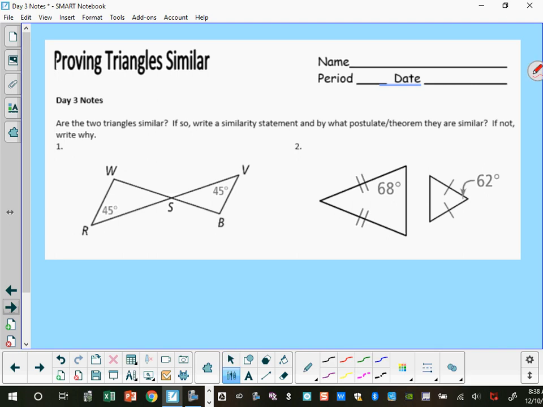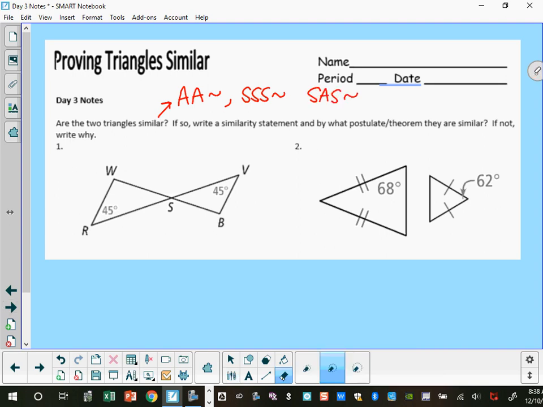We just talked about them. AA similarity. What else? Side, side, side. And then side, angle, side. So those are your three: angle, angle similarity, side, side, side similarity, or side, angle, side.